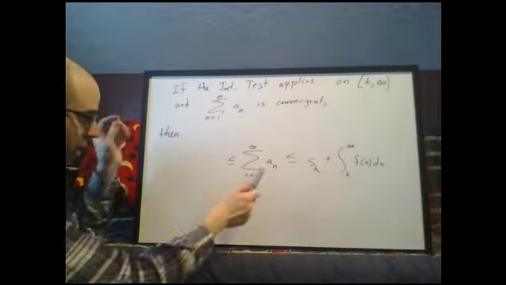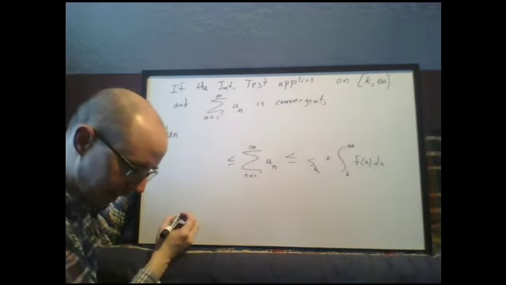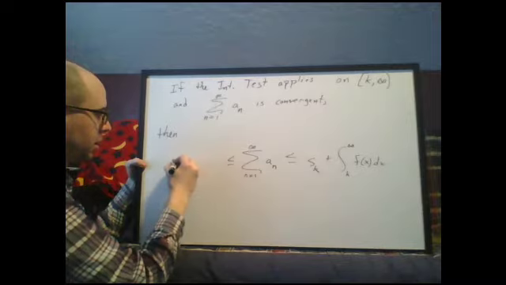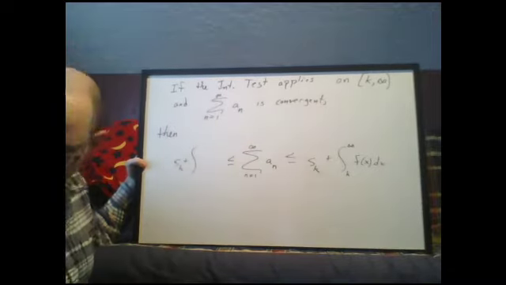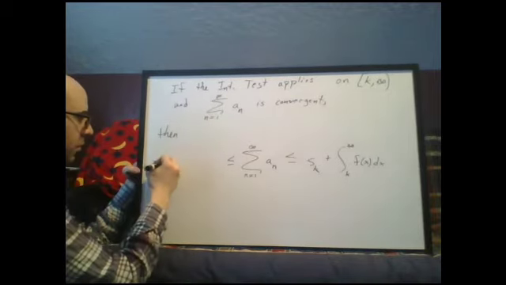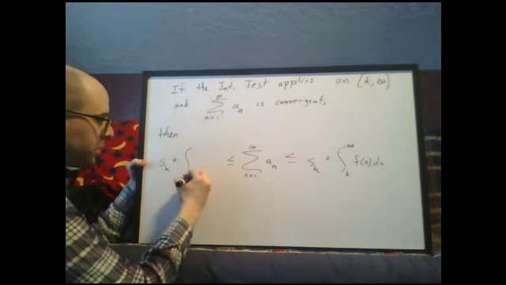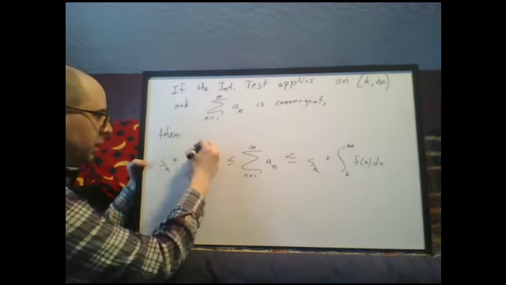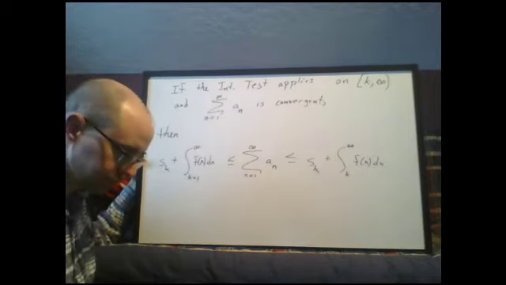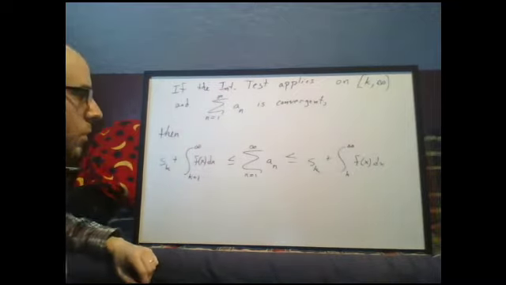On the other hand, we can find a similar thing that is definitely bigger than. So it'd be sk plus the improper integral from k plus 1 to infinity. Right?